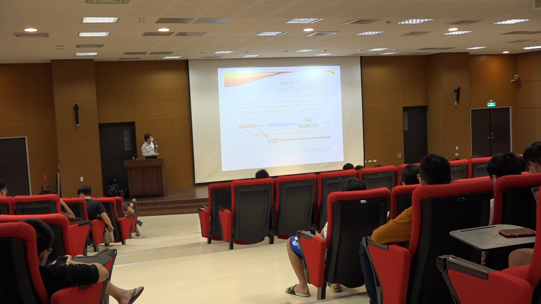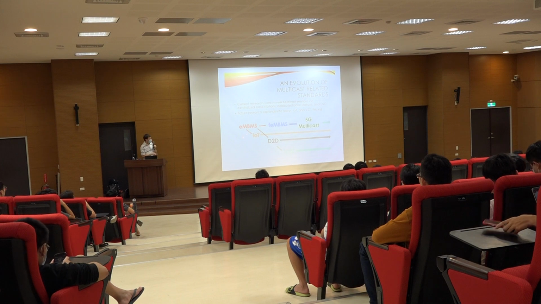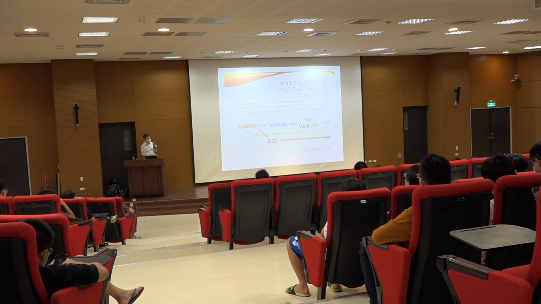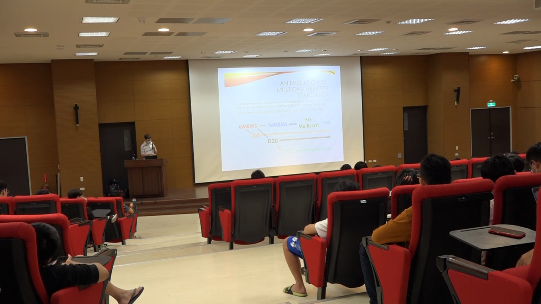Where you may have heard of eMBMS is in the context of IoT, Internet of Things. If you have a smart home, it will broadcast information such as temperature, lights, and power, all of that is broadcast or multicast. Or if you use D2D devices or V2X, these are also multicast services. But none of it is free. They all use spectrum. So we have to ask, how can we convince the MNO or service provider to enable these services?